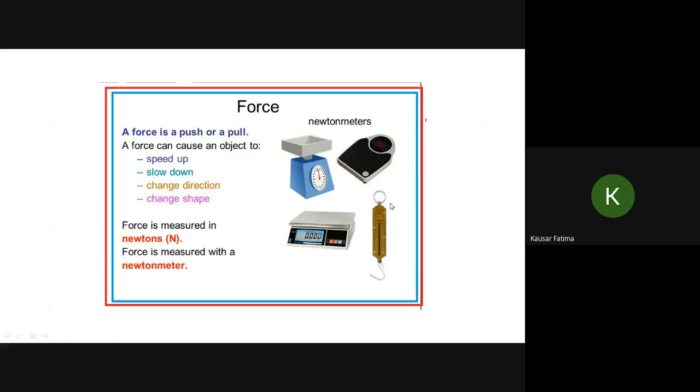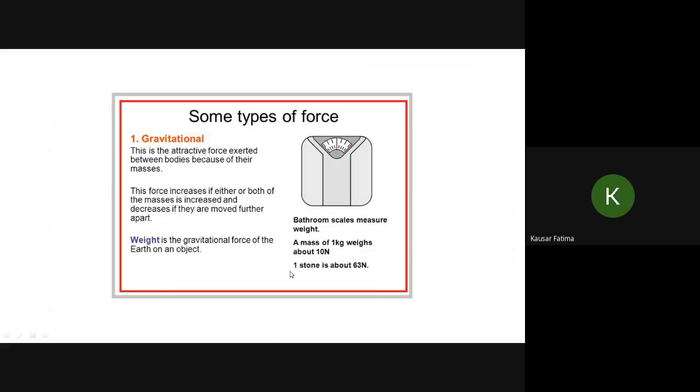Okay, so this figure is a Newton meter. There are some types of forces here. One very common force is the gravitational force, which makes a body's weight. This is the force which gravity exerts on masses. This force also exists between all masses actually.